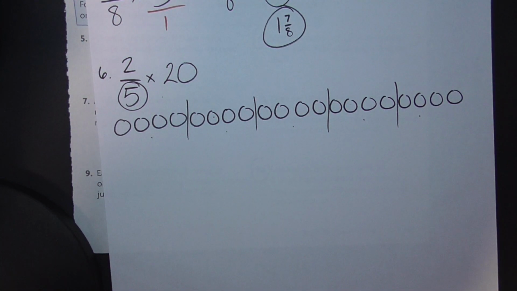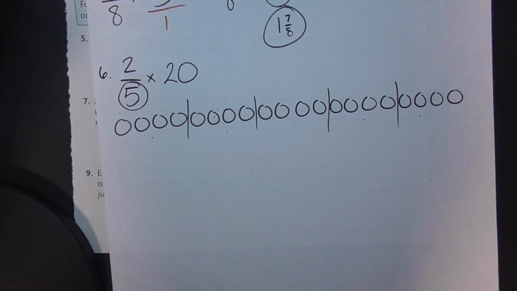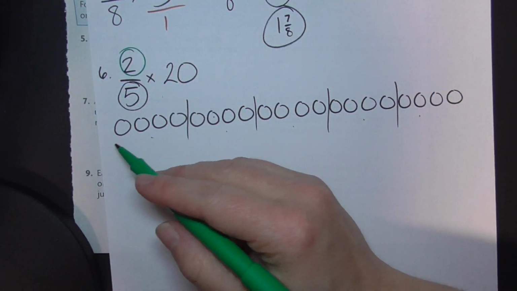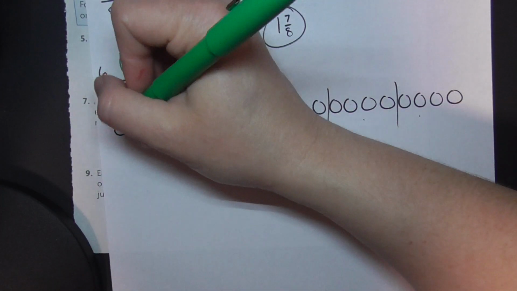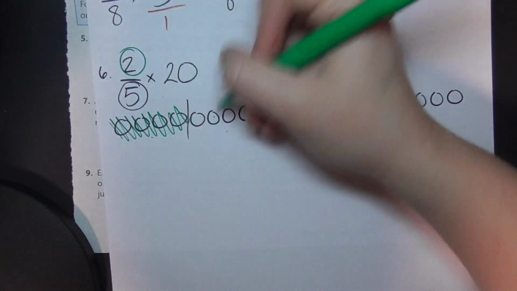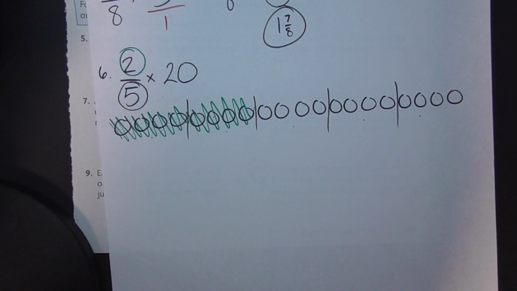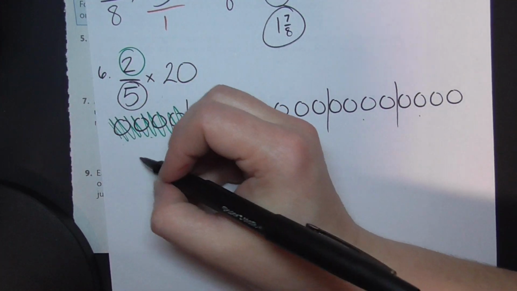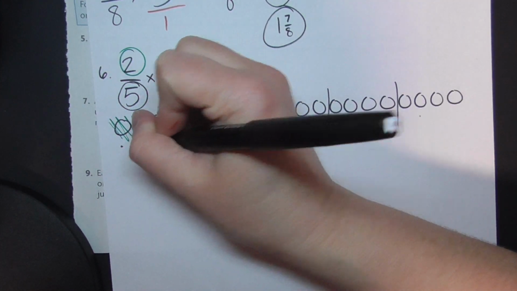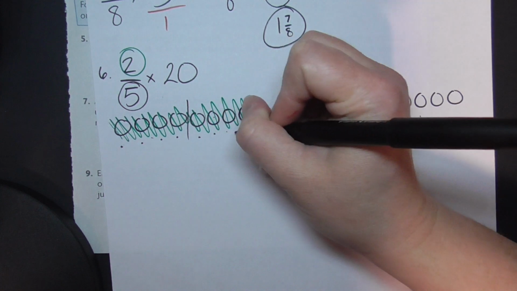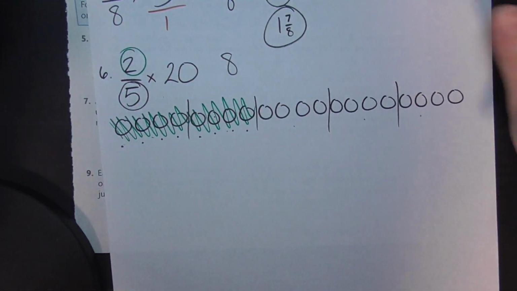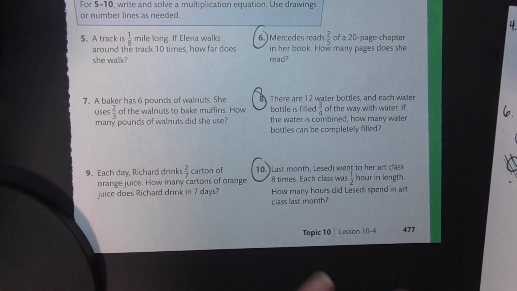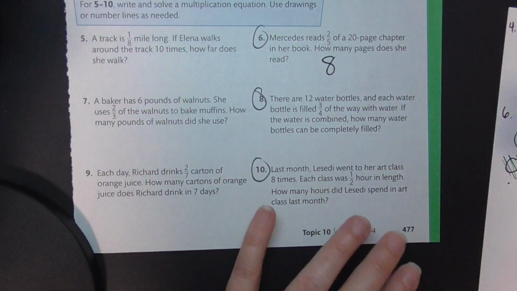Perfect. Now I know that from my top number, 2 of my 5 groups are going to be colored in. 1, 2. Now I go back and I count all of my parts that are in my colored sections. 1, 2, 3, 4, 5, 6, 7, 8. So 2/5 of 20 equals 8.